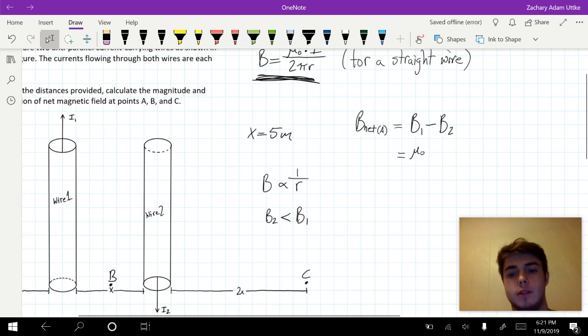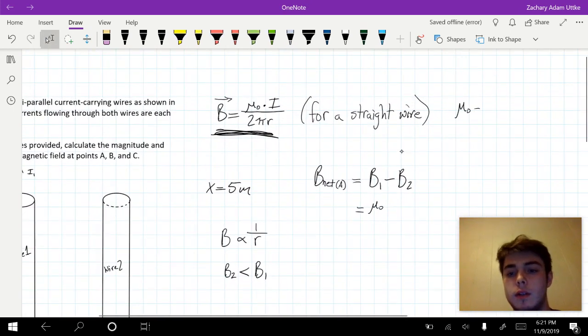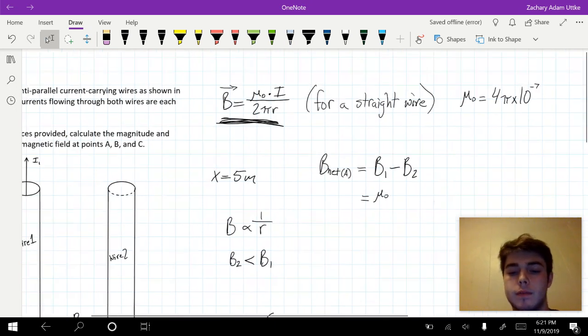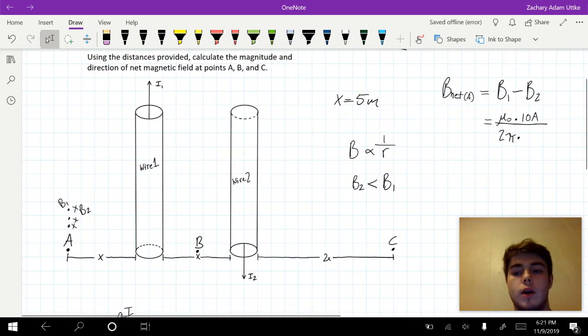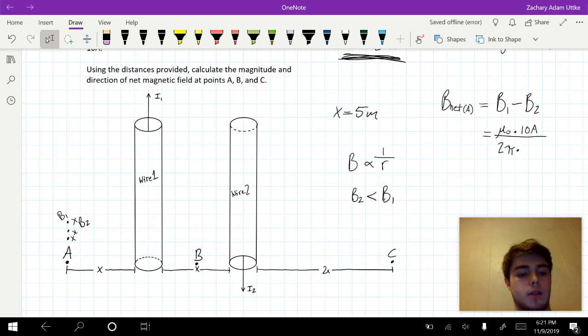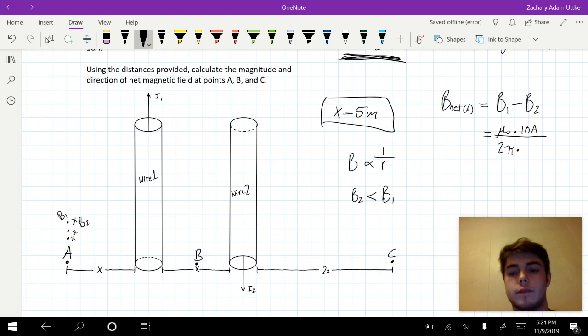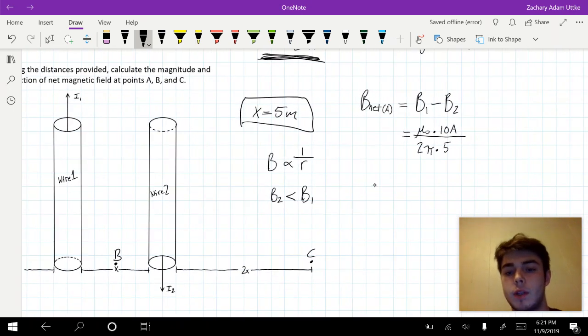Mu naught is just a constant, so mu naught equals 4 pi times 10 to the negative 7th, times I. So for B1, I1 is 10 amps, which is also I2, divided by 2 pi times R. So R1 in this case is going to be the distance x, and right here we see that x is just 5 meters.